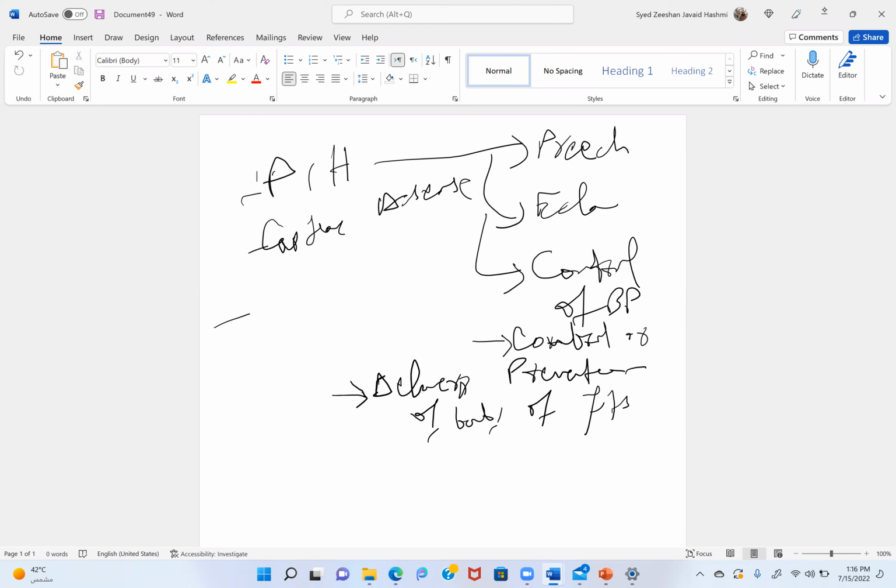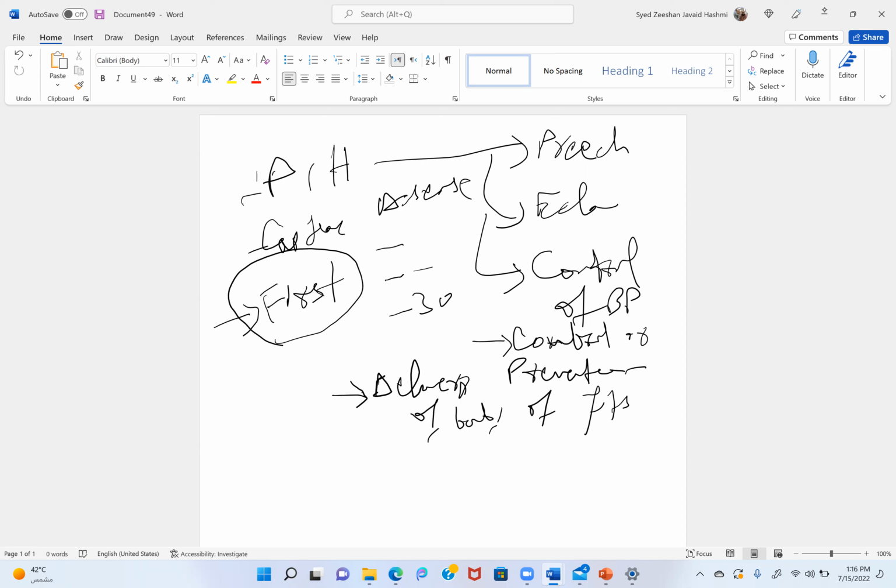So how can you differentiate? Because the first thing to do may be different in each answer. They will give you a scenario: the blood pressure is high, there are some systemic involvements, and the baby is, for example, 30 weeks. So the first thing to do will be control of blood pressure.